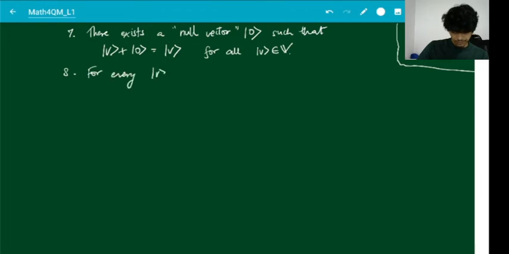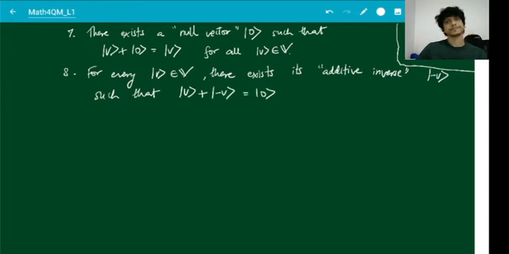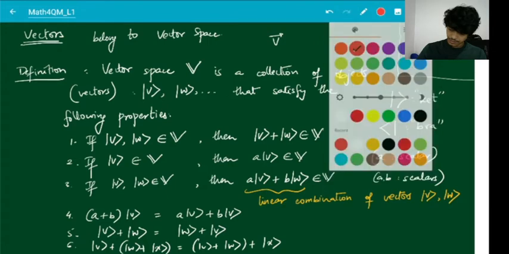For every vector V, there exists its additive inverse, and this is denoted by minus V, such that when you add a vector along with its additive inverse, you get the null vector. So actually these properties are, I'm going to mark out some of them which are the crucial ones.